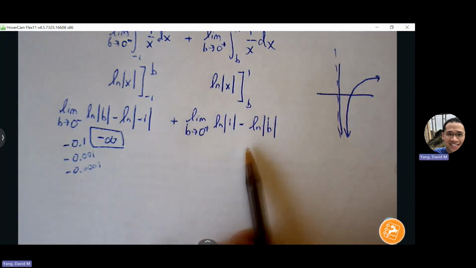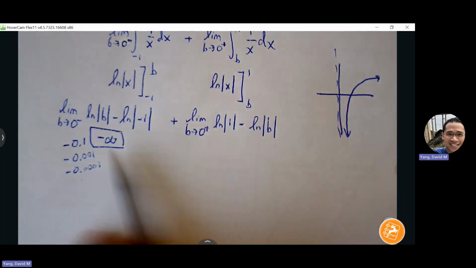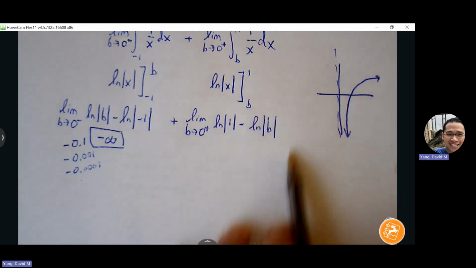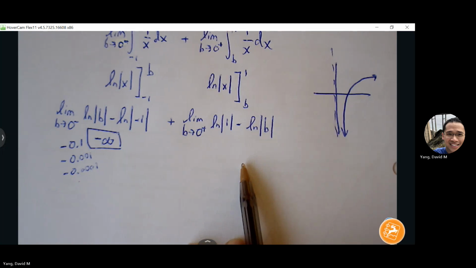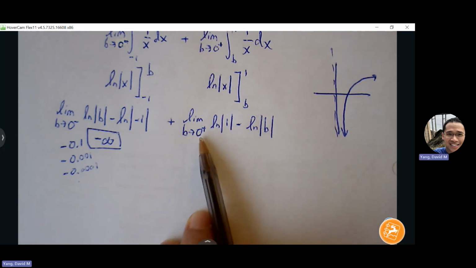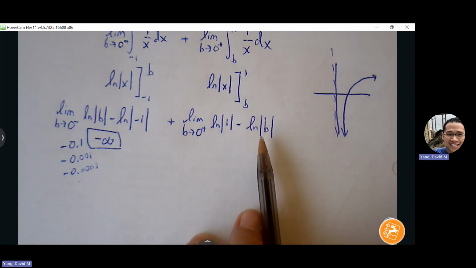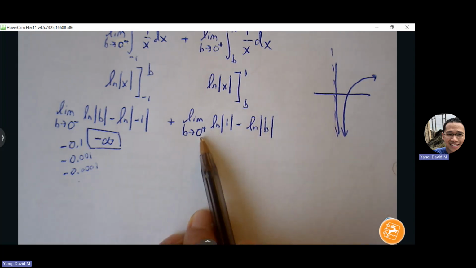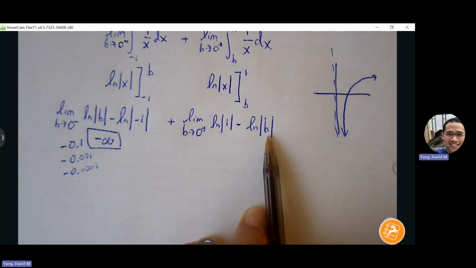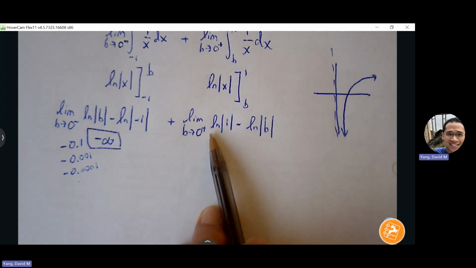Now I'm going to do this one just for practice, though we already know it's going to diverge. Natural log of 1 is 0. That's fine. Natural log of b, here again, I'm going to plug 0 in. Natural log of 0 is undefined, but there's movement to it, so I'm going to evaluate a little further.